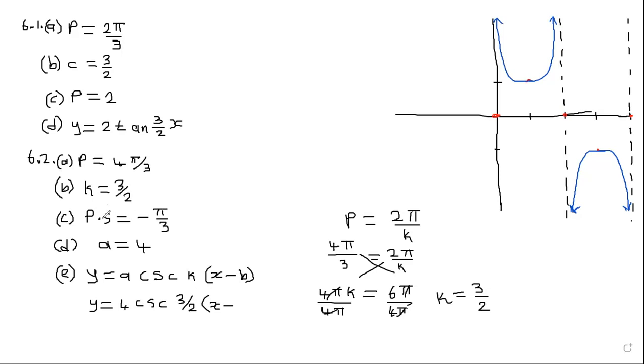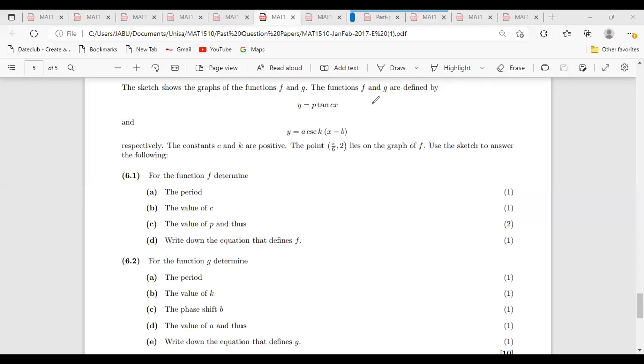B is the phase shift, which is minus pi over 3. That will now be plus pi over 3. Okay, we're done with the equation. Do we have any more questions? No, we don't. So we are done with this one. See you on the next video.